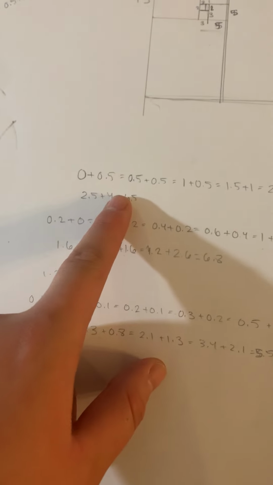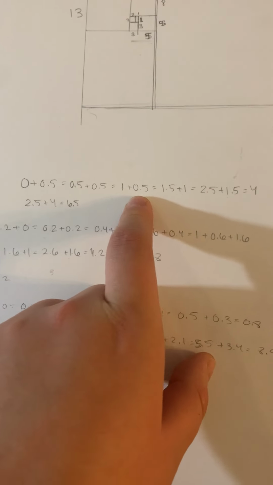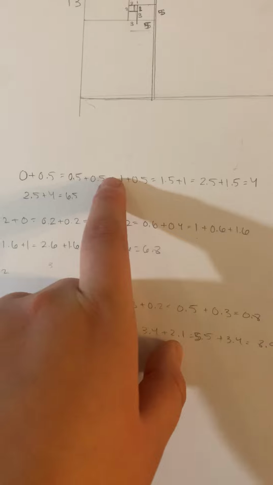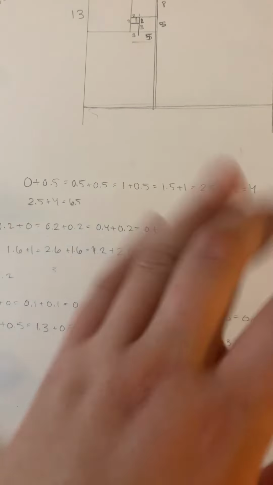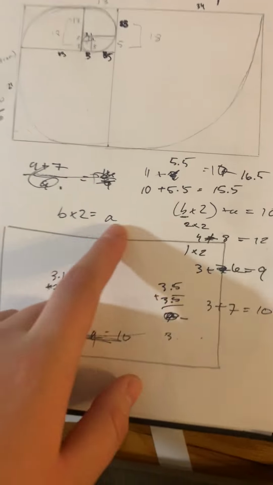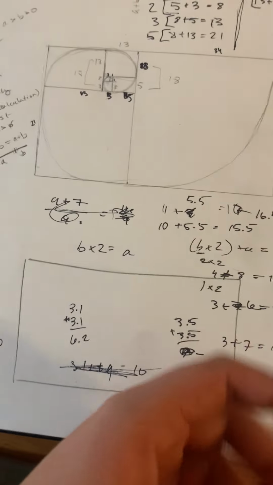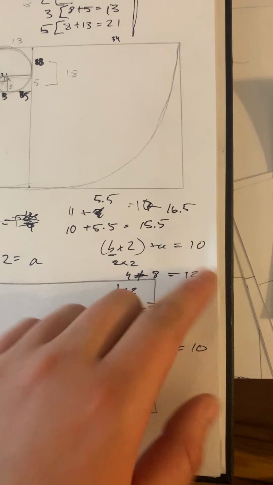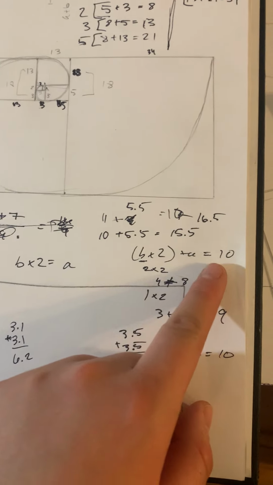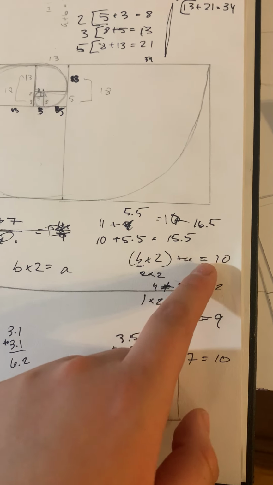0 plus 0.5 equals 0.5, 0.5 plus 0.5 is 1, 0.5 plus 1 is 1.5, and 1.5 plus 1 is 2.5. You can do it with any number. The thing is, when you have a number like 10, 12, or 9, as of right now I can't figure out how to get it to that specific number.